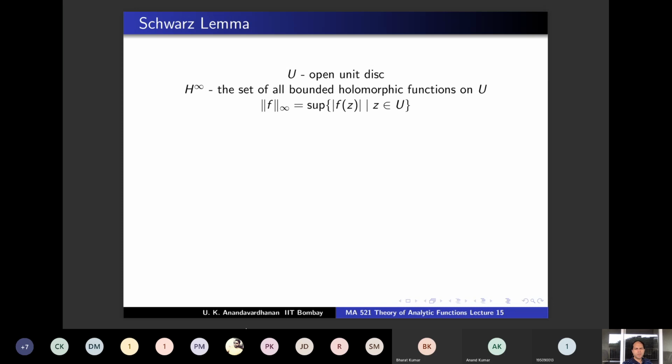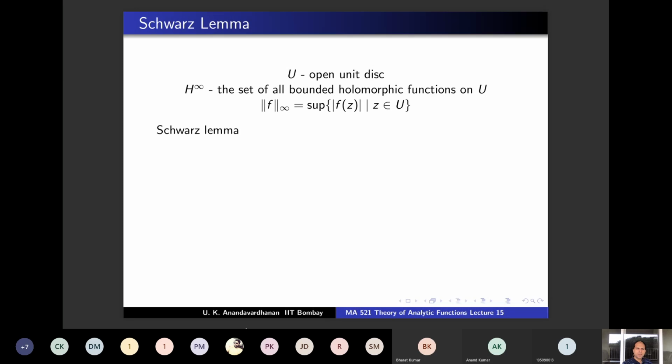H infinity is a famous space; there are H^p spaces and this is p equal to infinity, and these are all nice Banach spaces, but we don't want all that. I just use the notation because these are important spaces.